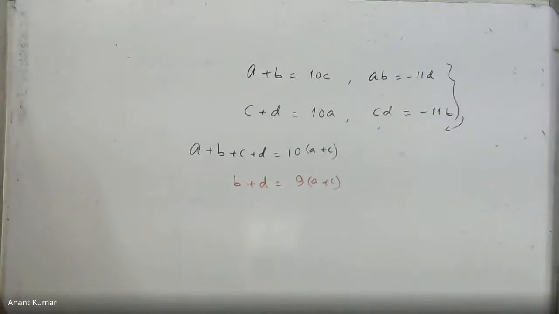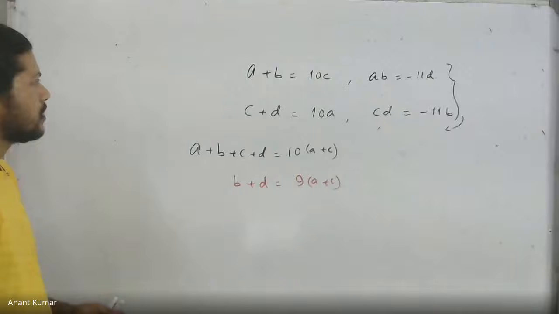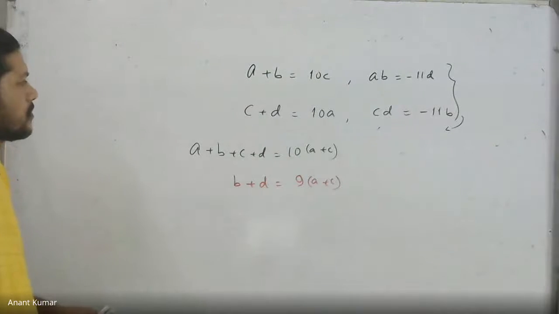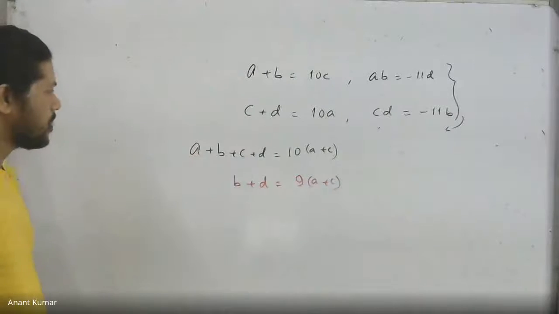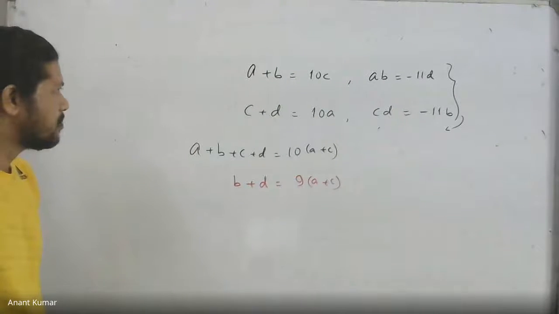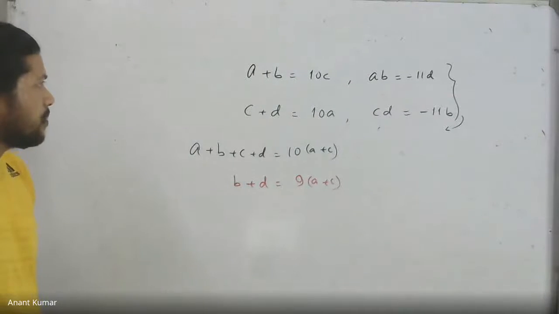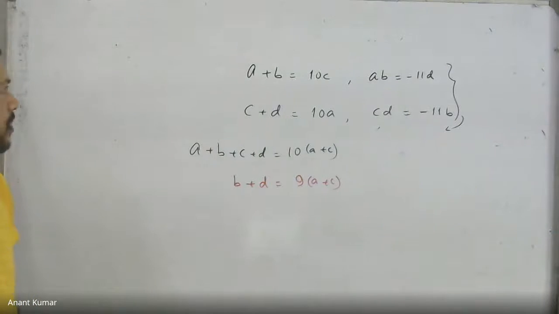Now, if I just add those two, we still get a relationship between A and C, but B and D are still present. That is the trouble we have.